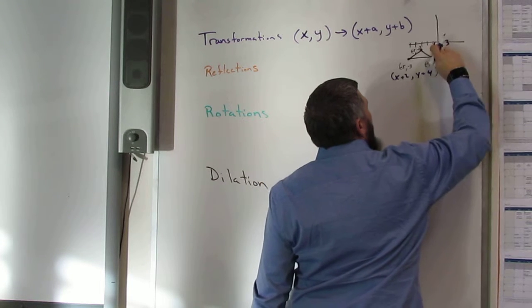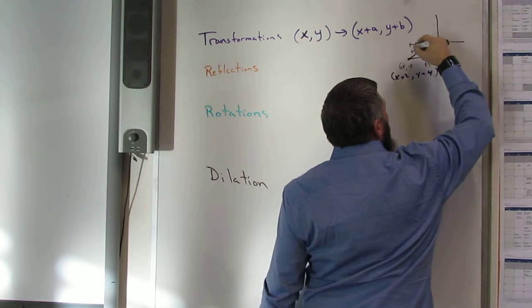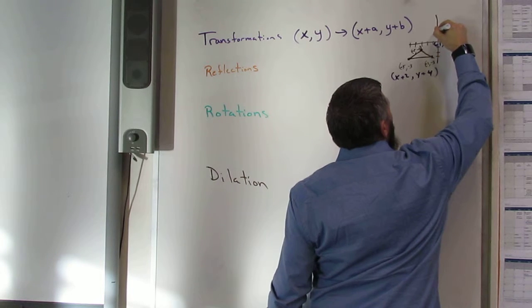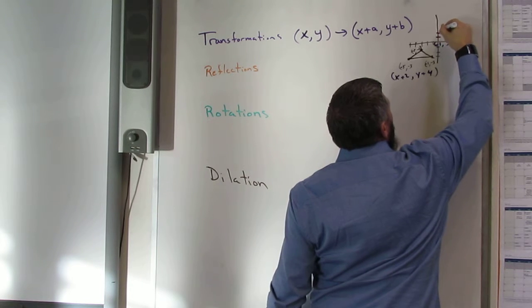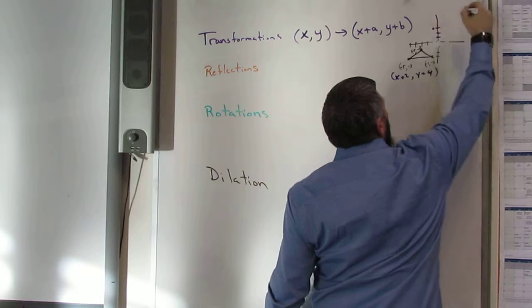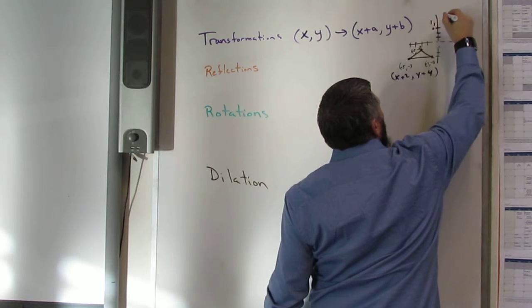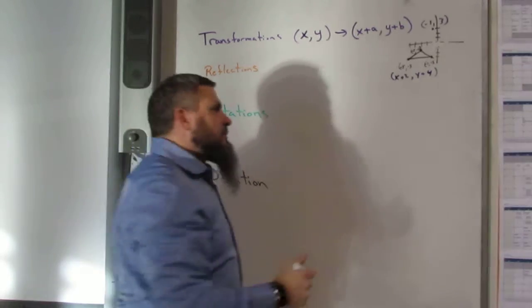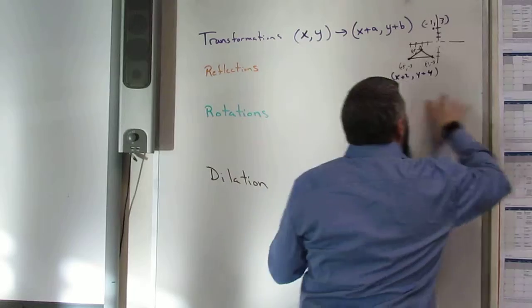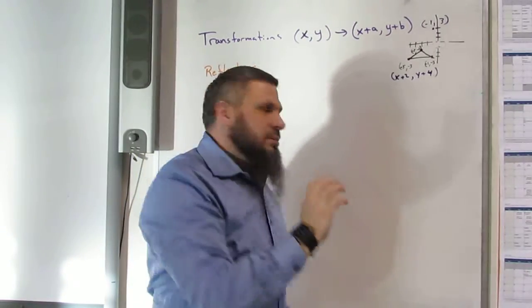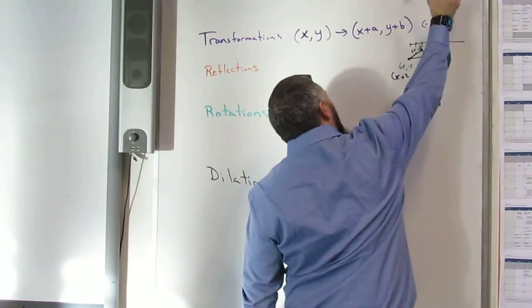So we're going to move this over to -1 and 3. So we're just moving it. We're moving it right and up. Does that make sense? Right 2, and up 4.